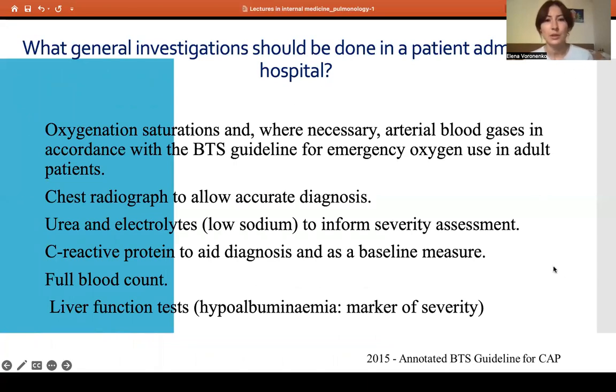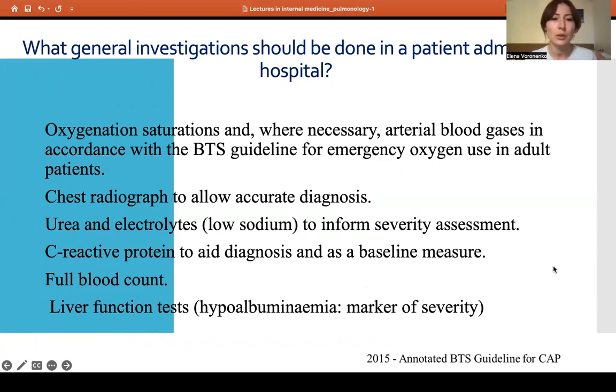What general investigation should be done in a patient admitted to hospital? Oxygenation, saturations, and where necessary, arterial blood gases in accordance with the BTS guideline for emergency oxygen use in adult patients.